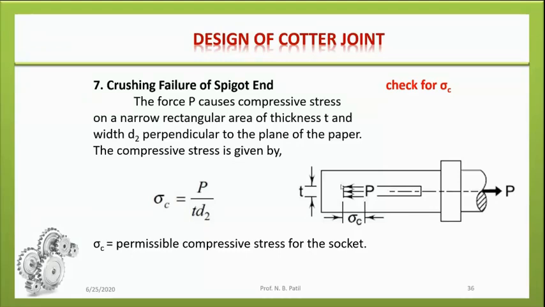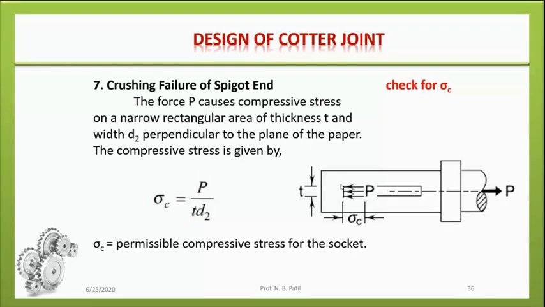Now check means what? For the spigot, the ultimate tensile strength is given. Divided by the factor of safety, we get the permissible sigma. Now from the equation in point number 7, you find the value of sigma C and check whether that sigma C is greater or less than the permissible stress given for the spigot material.